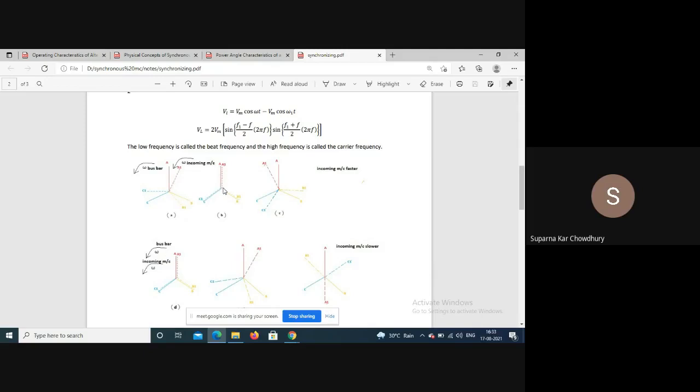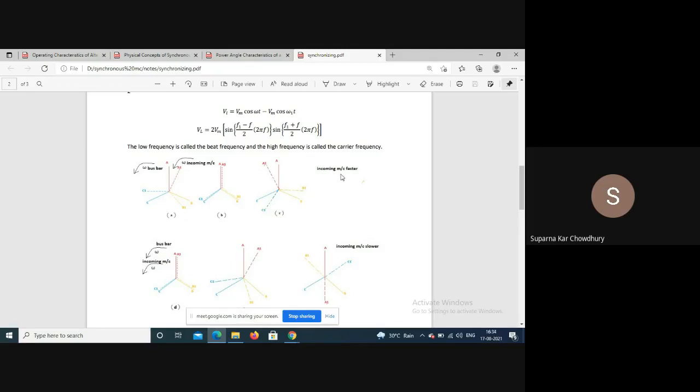Now, for the instant when these two phasors are superimposed, the lamp connected between A and A1 is getting no voltage, so it will be dark. But the other two lamps, connected between B and C1 and between C and B1, will get full line voltage, so they will be equally bright.